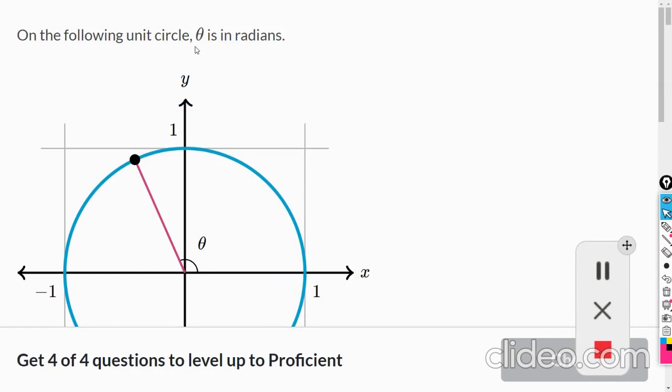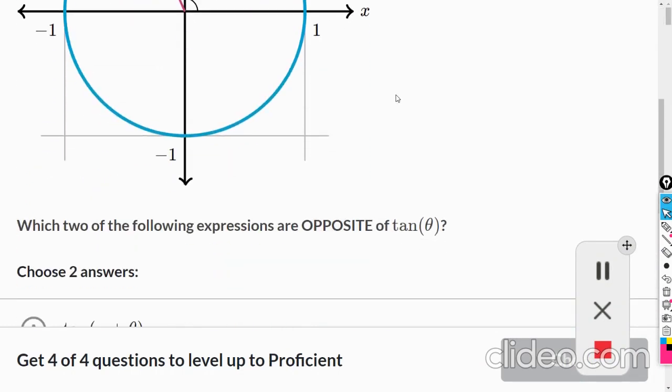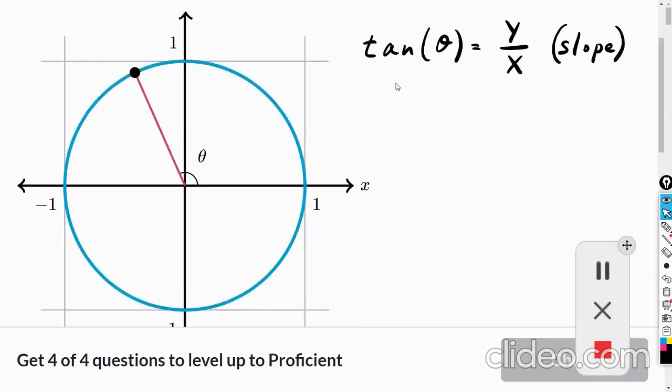We have our unit circle with theta in radians. And they want us to choose two of the following expressions that are the opposite of the tan of theta. If you recall the formula for the tan of theta on the unit circle, it is the y coordinate divided by the x coordinate. So it is basically the slope.